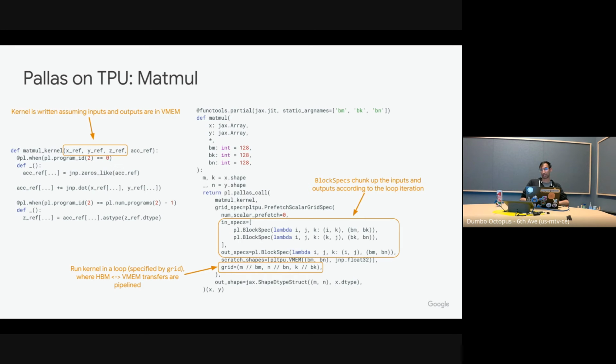We write these block specs, we use a grid, and we pick the block sizes such that we hopefully are always compute bound. The trade-off for a matmul, for example, is that the bigger the blocks, the more compute we have inside of the kernel, and the more time it'll take to execute one instance of the kernel, and therefore the more time we'll have to hide all the memory transfers.